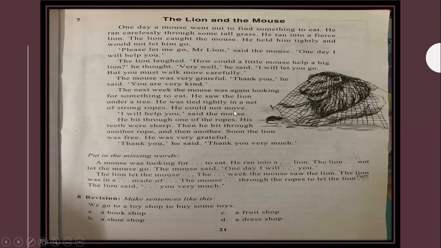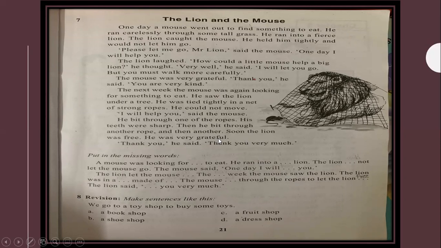He could not move. "I will help you," said the mouse. He bit through one of the ropes. His teeth were sharp. Then he bit through another rope, and then another. Soon the lion was free. He was very grateful. "Thank you," he said. "Thank you very much."